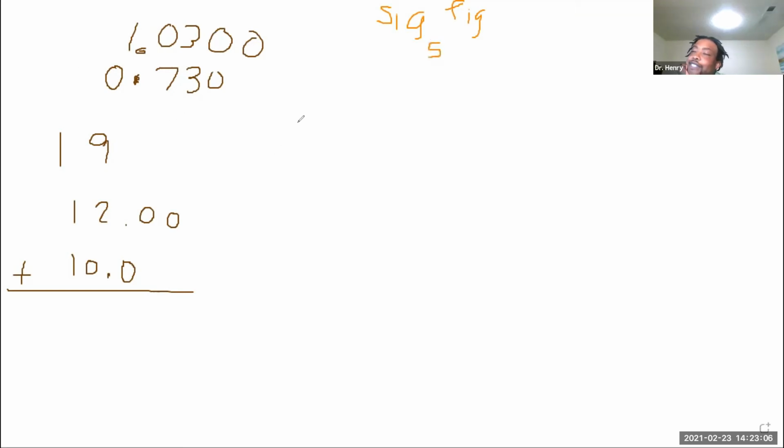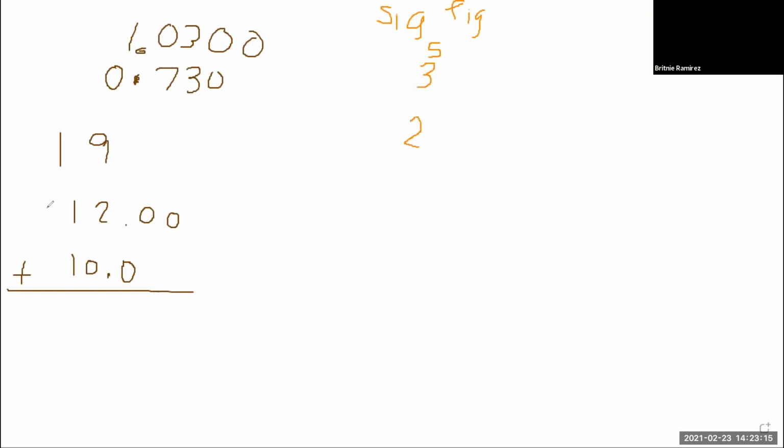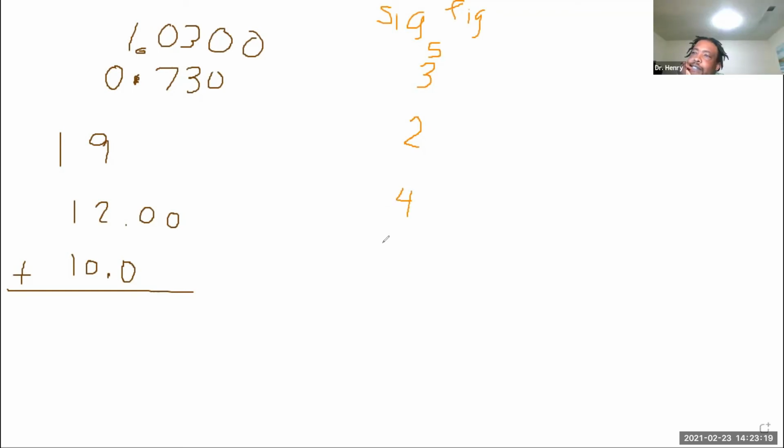What about this next one? 3. What about this next one? 2. What about this one? 4. And the last one? 3. Simple so far?